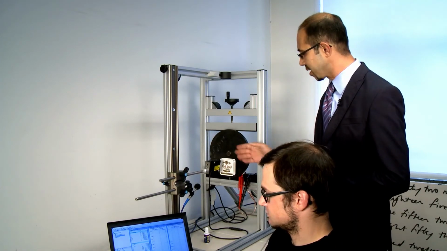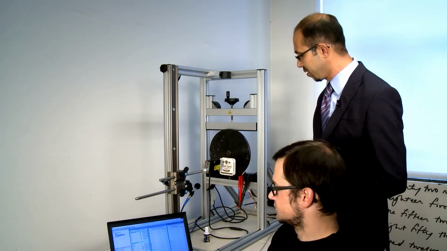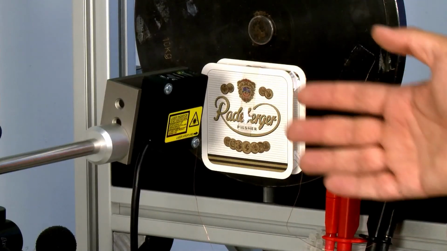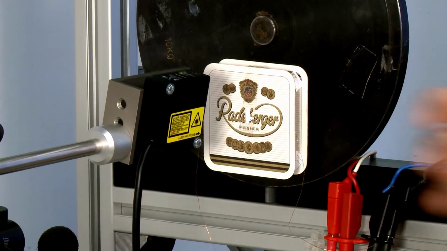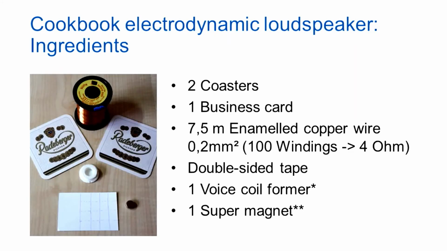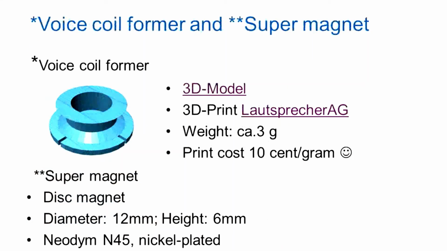We have selected a new loudspeaker for this aim, and you can build this loudspeaker also at home. To build it, you need only 2 beer coasters and at the same time 1 business card, 7.5 meters of enameled copper wire, double-sided tape, 1 voice coil former, and 1 super magnet.